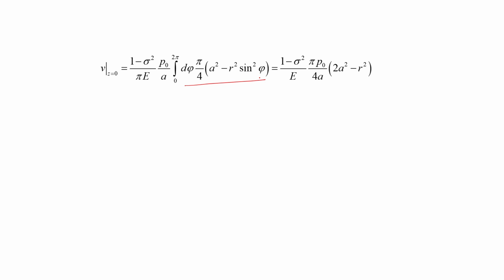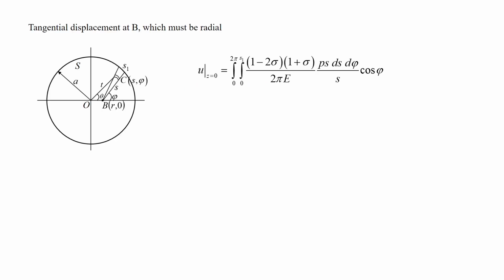This we can integrate easily, and one can find that this v comes out to be like this expression. This integration can be done because sin square phi can be easily calculated. So, this is the whole idea here, that the vertical displacement on the surface is given by this expression.